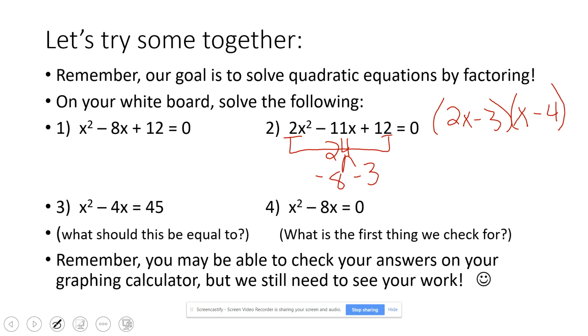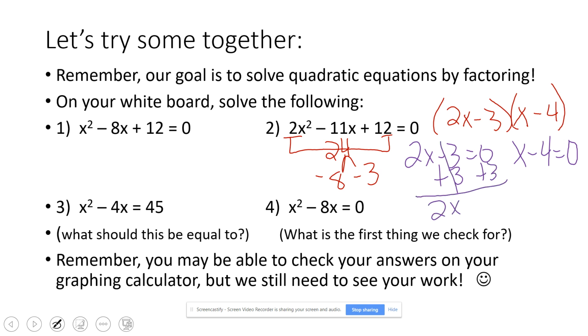So to solve, 2x minus 3 is equal to 0. X minus 4 is equal to 0. Add 3. 2x is equal to 3.